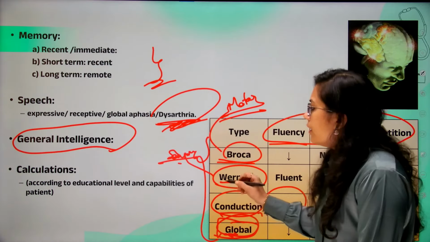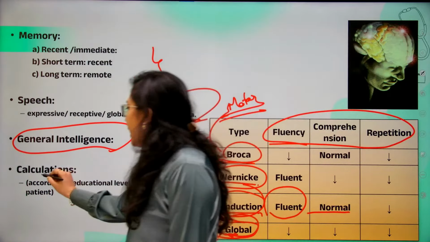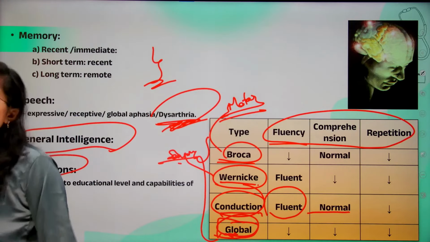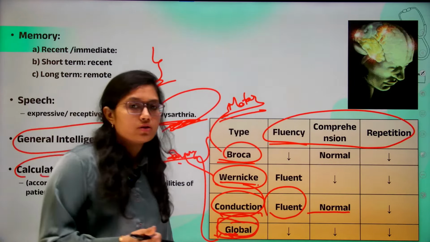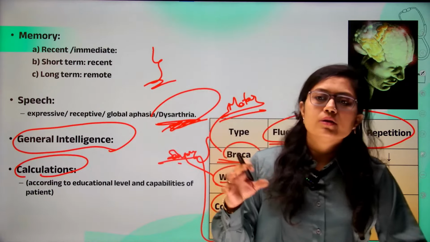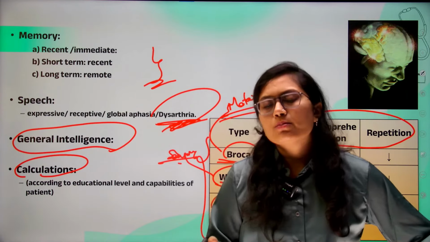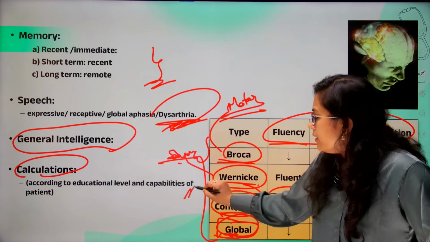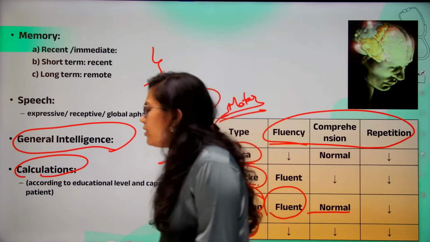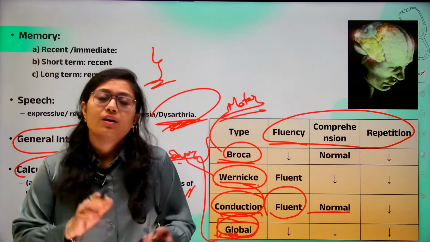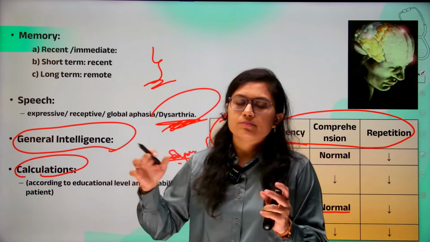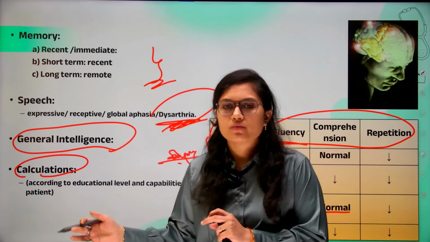Okay. The next is calculation. Calculation is considered a major higher mental function which requires a good amount of higher mental function in the patient. So we need to ask a simple calculation, not so many subtractions and additions.